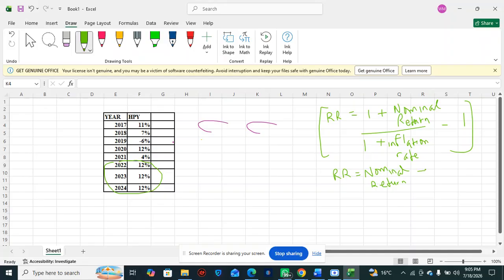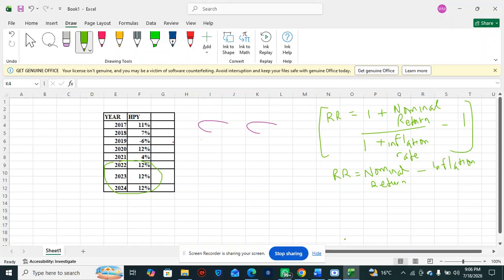The formula above will give you an accurate figure. The formula below will give you more of a generalized figure. Our nominal returns are these projected returns, 12%, 12%, 12%. They are not adjusted for inflation. Our inflation rate is 7%.